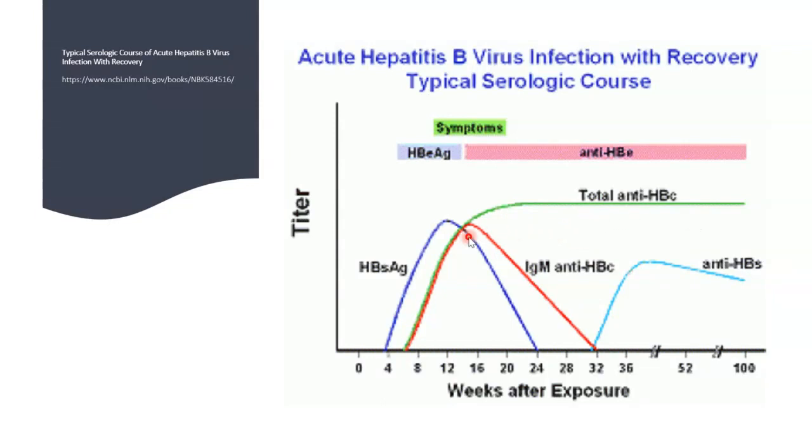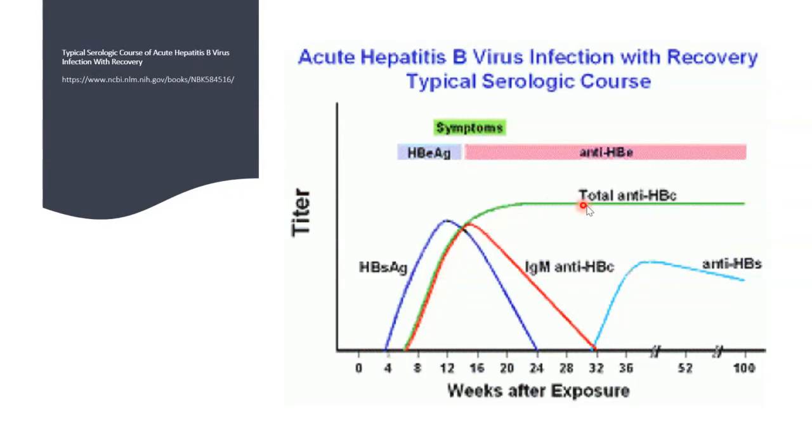Sometimes they balance each other out, and there can be this little window period right here. And then you'll start seeing the surface antigen go down and the surface antibody going up. Then the antibody becomes higher than the antigen, and the antibody begins to increase and stays up for many years.